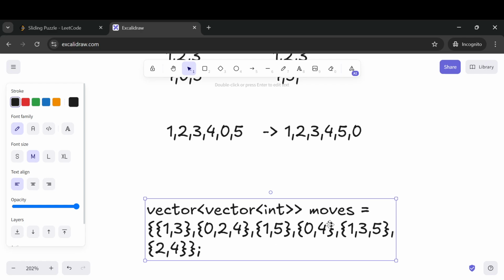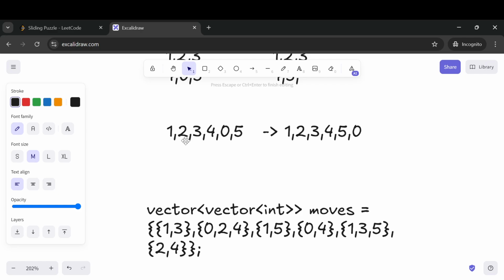What they are saying is you can shift that empty space, aka 0, to index 1, index 3, and index 5 as well. So let's name these indices as well: 0, 1, 2, 3, 4, 5. So right now you are allowed to do shifting on 1, 3, and 5.